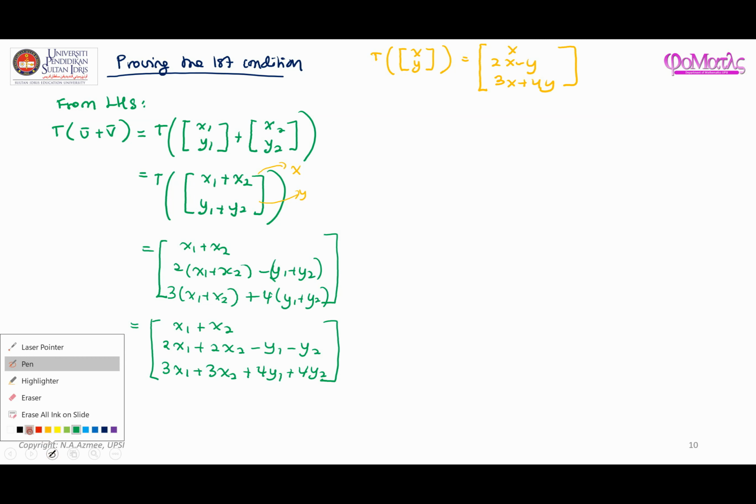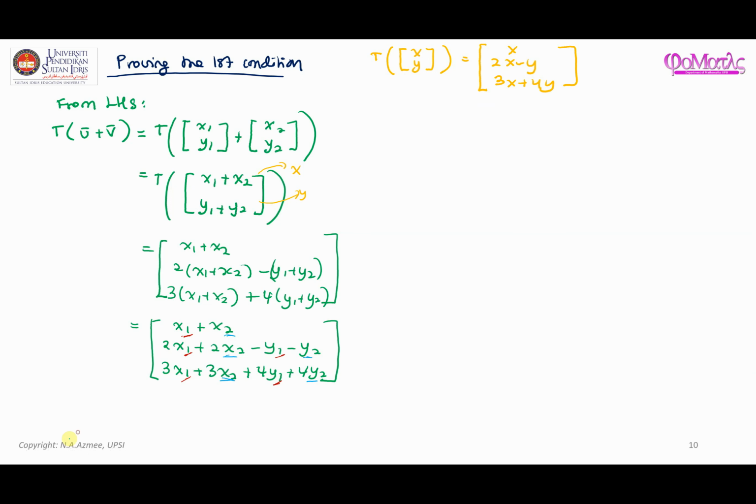Here I'm going to label it: the ones have to be grouped together because they represent the vector u, and all the twos have to be together on the other side.